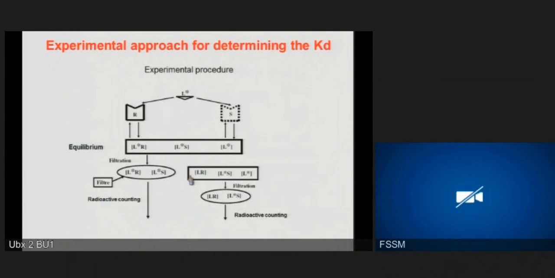And then we have to find a way to prevent the contribution not of LS, because LS you don't exactly know what it is, but LR you know, because you are interested in the binding of L on R. So you can occlude R with the same ligand or another ligand that you know binds on R. So you get rid of R, and at the end you count the radioactivity, which should represent only the non-selective binding.